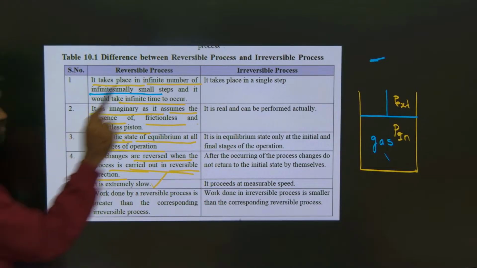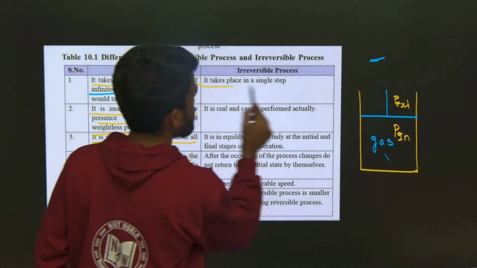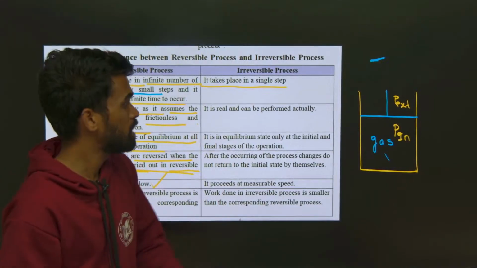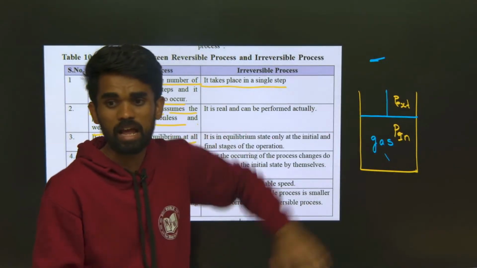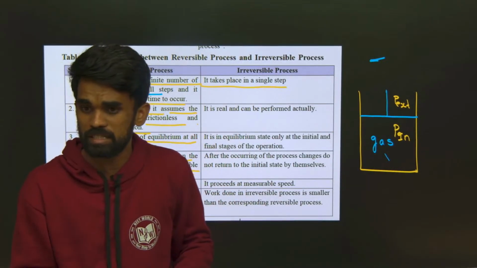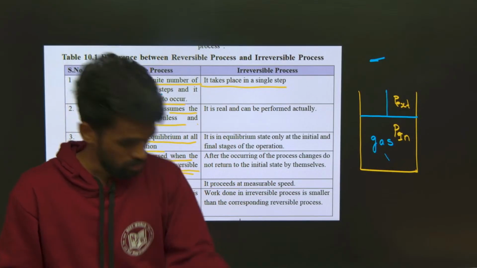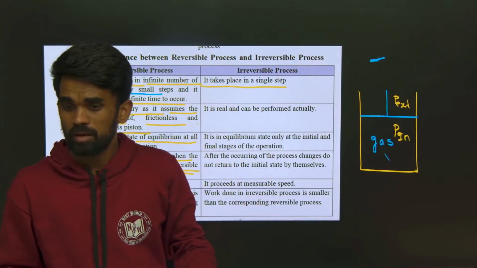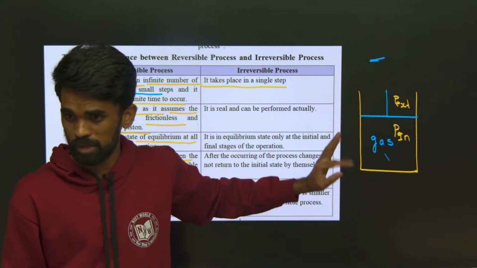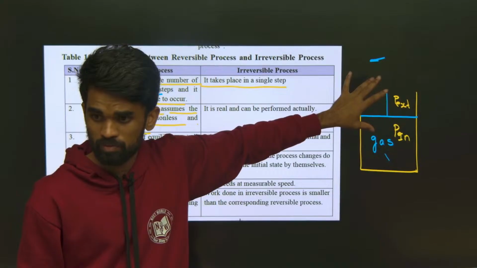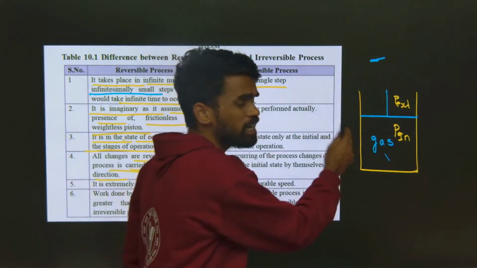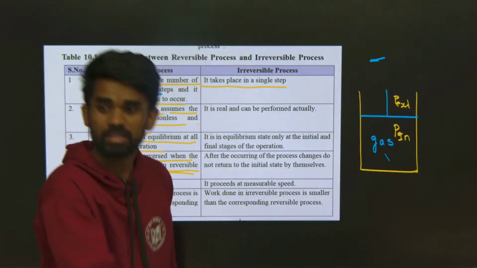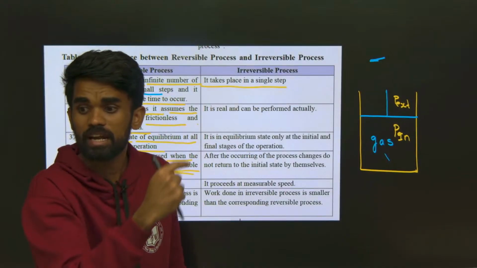Okay, and coming to the irreversible process, it takes place in a single step. For example, here P internal and P external have a large difference in pressure. What happens? The piston will suddenly move upside or downside, depending upon the pressure values of both of them. So now we cannot reverse this, it will have a sudden increment, right? So it cannot be reversed.